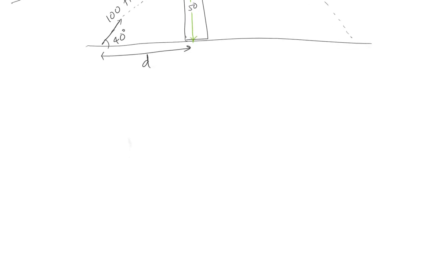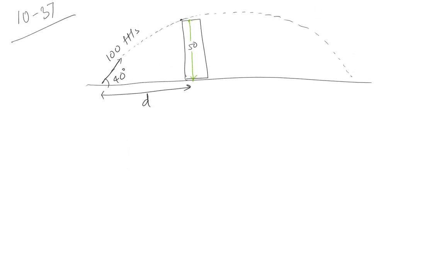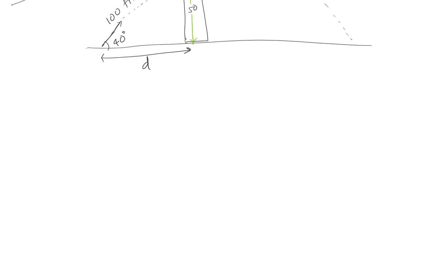Alright, so the way to do it is, because the initial velocity is given, 100 feet per second, theta is 40 degrees. So from here I'm going to say ux is 100 times cosine 40 degrees, which comes to 76.6 feet per second.